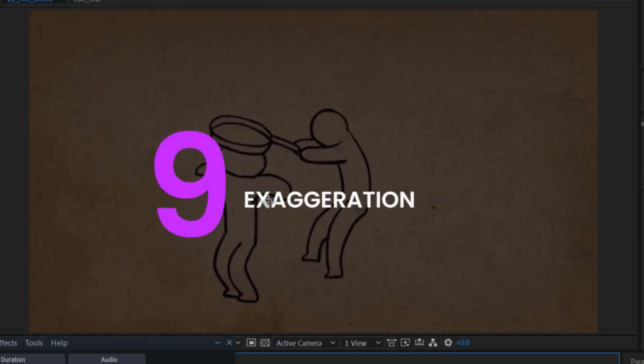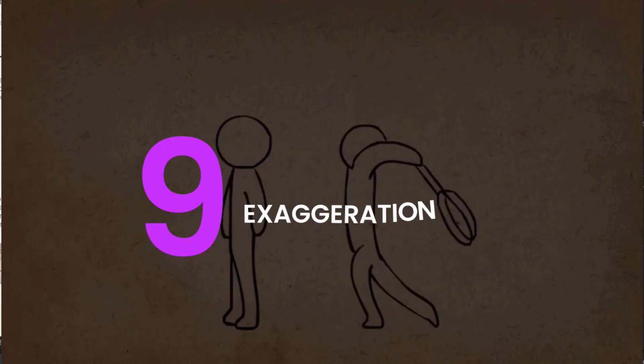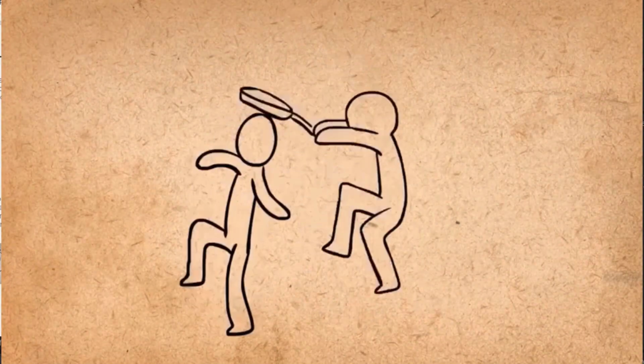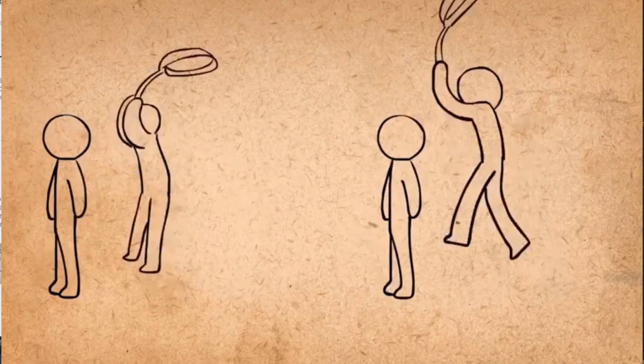Then the next principle is exaggeration. Exaggeration is the art of making the attributes of our subject larger than they would be in real life.